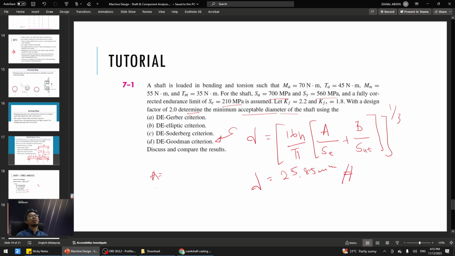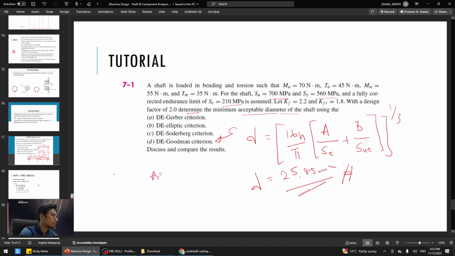Okay, this is your job. You can try it at your room. Find the dimension or diameter of the shaft using DE Goodman criterion. If you get that figure, that number, you are plugging correct values to that formula.